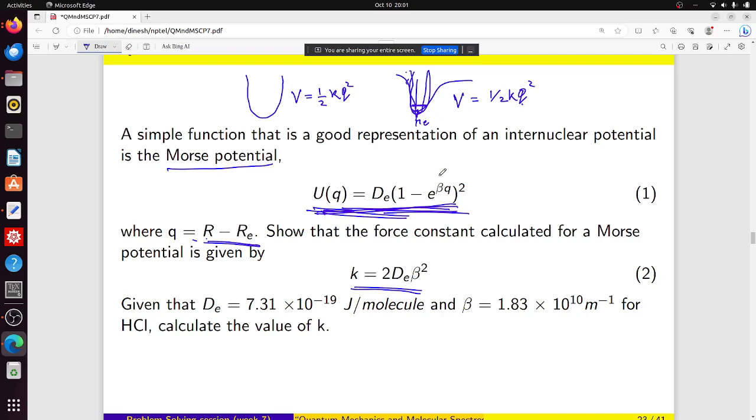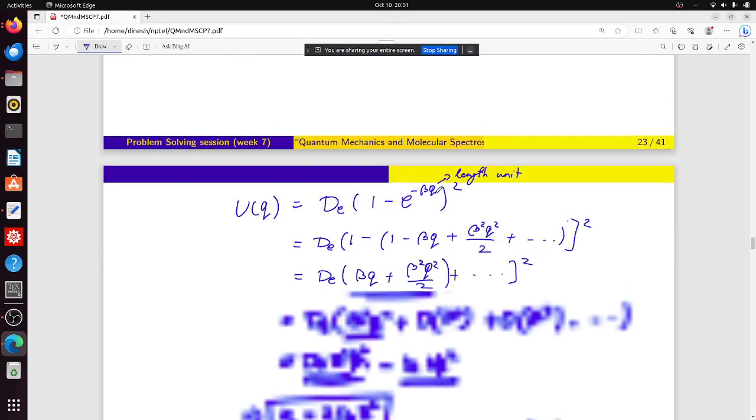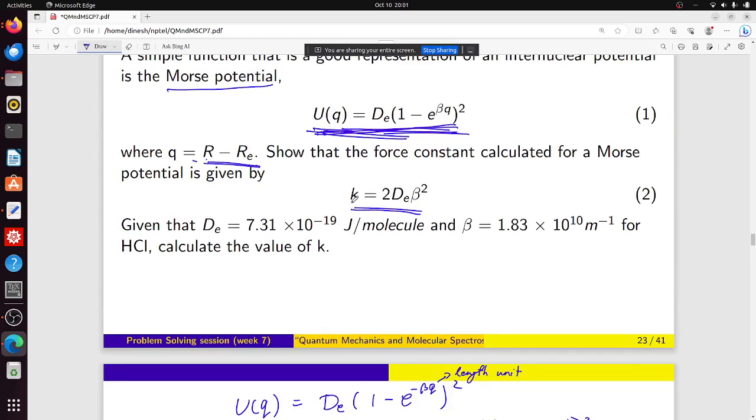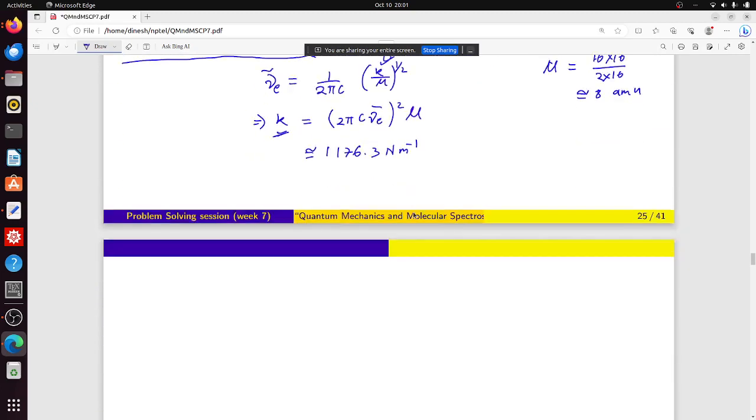The only unknown is beta, right? We need to plot this potential, so we need to know all the parameters, and q is the variable here, so we need to plot this potential with respect to q. Q is nothing but the distance. So beta value we can calculate from this relation.